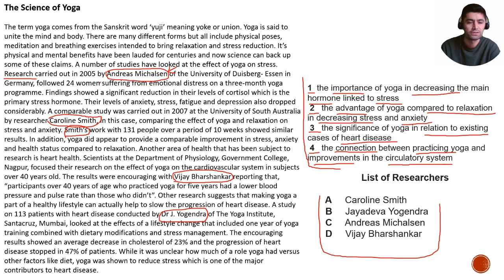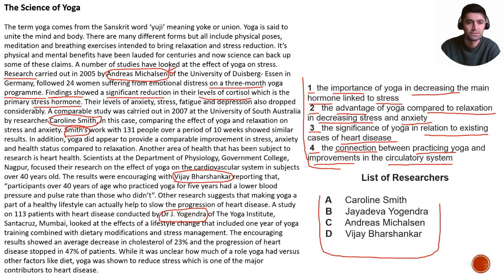Research carried out in 2005 by Andreas Mikkelsen of the University of Duisburg, Essen in Germany, followed 24 women suffering from emotional distress on a 3-month yoga program. Findings showed a significant reduction in their levels of cortisol, which is the primary stress hormone.